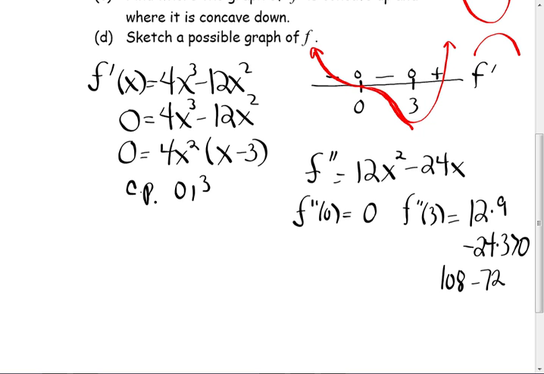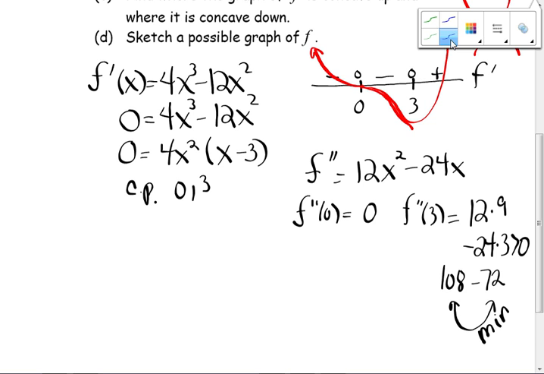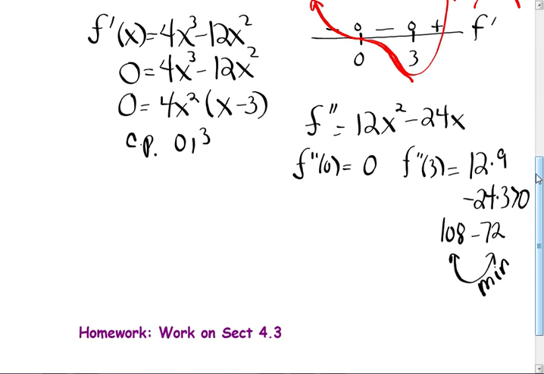So because the second derivative is positive, my function at 3 must be concave up. So it would be a local minimum. I did a first derivative test. I already had it. I'm just checking. The only time I do second derivative tests is if the second derivative is easy to find. In this case, it's easy because we do polynomials, but it's not always easy. You only test the critical points from the derivative.